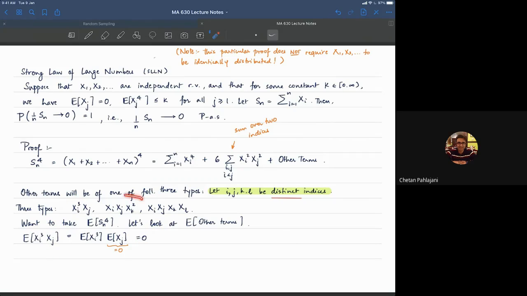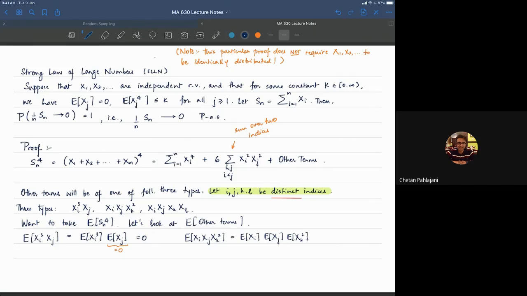Now let's look at the second other term. If I look at E of x_i x_j x_k squared, again I will use independence and I will get this as E of x_i, E of x_j, E of x_k squared.